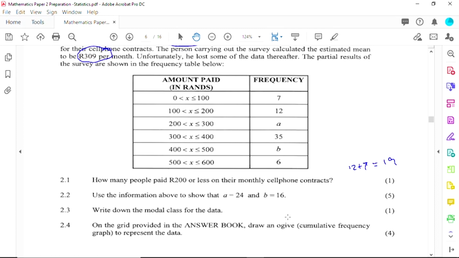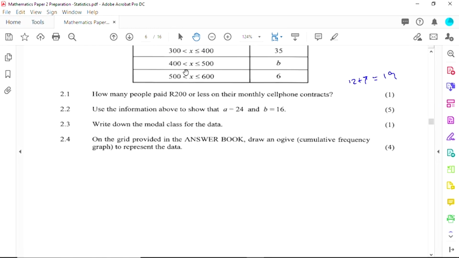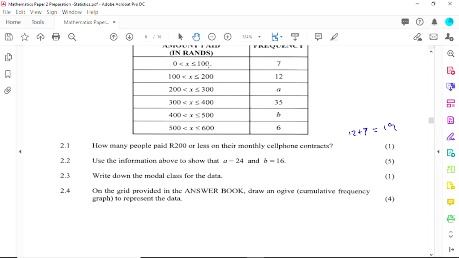Now, we know that the sum of the frequency is equal to the total number of people. That is, 7 plus 12 plus A plus 35 plus B plus 6 is equal to 100.